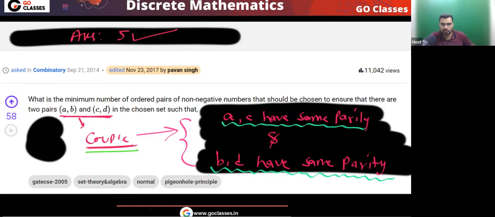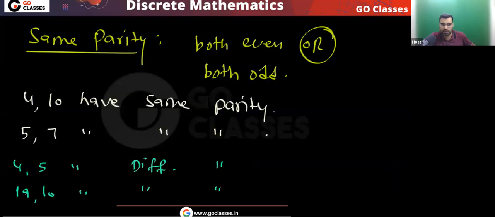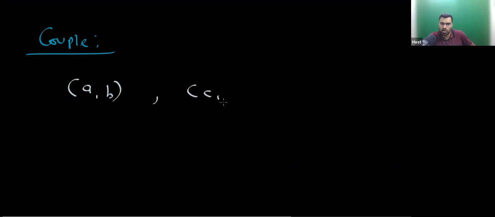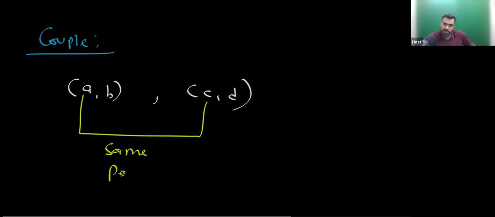Anurag, we want this type of pair, where in a couple this happens: A comma C must have the same parity, and B comma D must have the same parity.